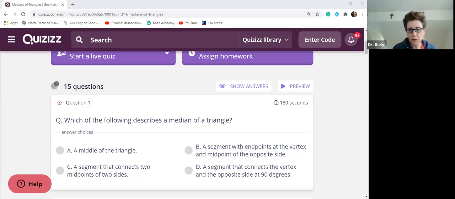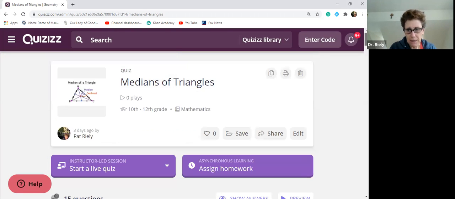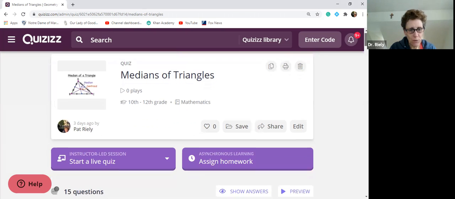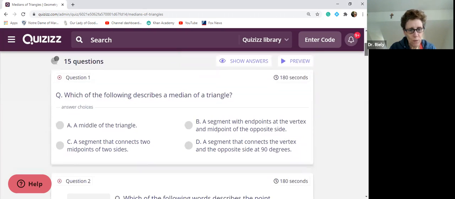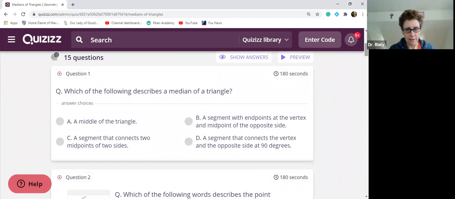Okay, so here's the first question, and this is the Quizzizz that looks like this, medians of triangles. This is 5.4. Which of the following describes a median of a triangle? You've got to remember that a median is the segment that connects the vertex.